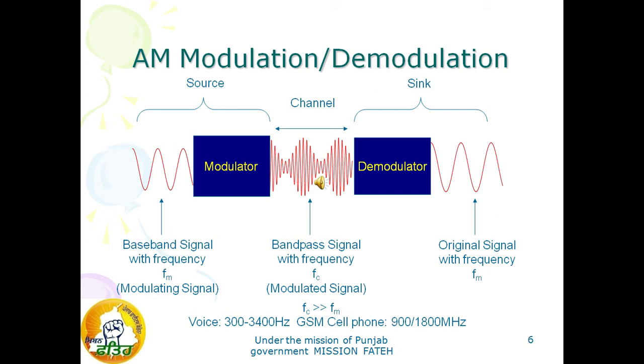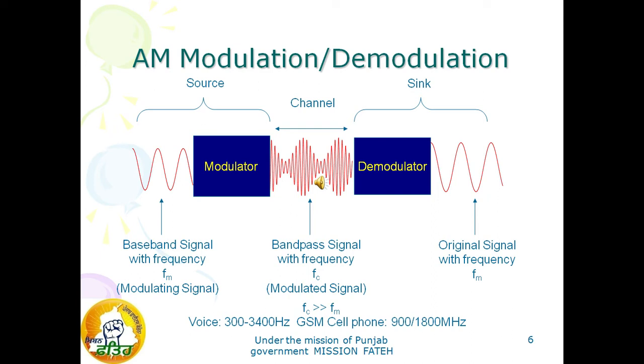At that place the modulation process occurs, and we also say that it encodes the information signal or modulating signal, so this block is also called the encoder. Then the output of this modulator is applied to the channel.